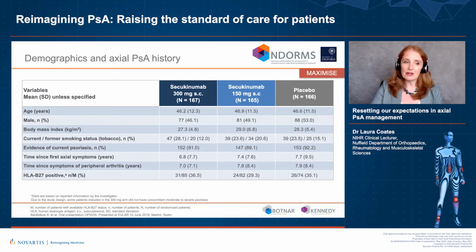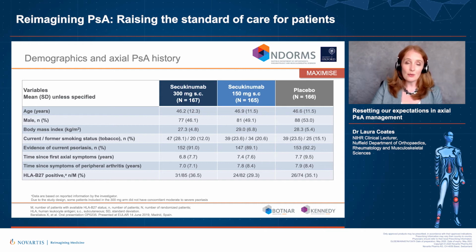Now, when we look at the demographics of the group, you can see here that they're middle-aged, they're slightly older than we would expect from an axial spondyloarthritis cohort with an average age of over 40. They're still predominantly men, as we would expect again with any axial disease.